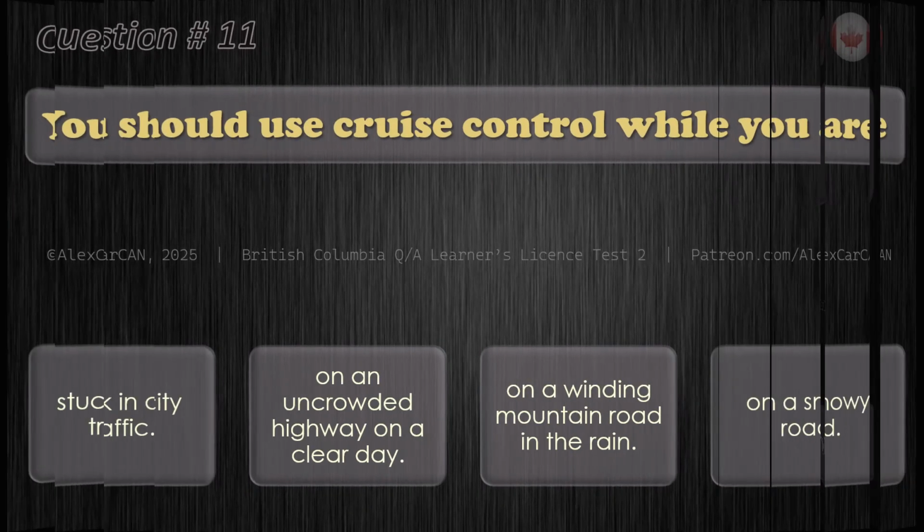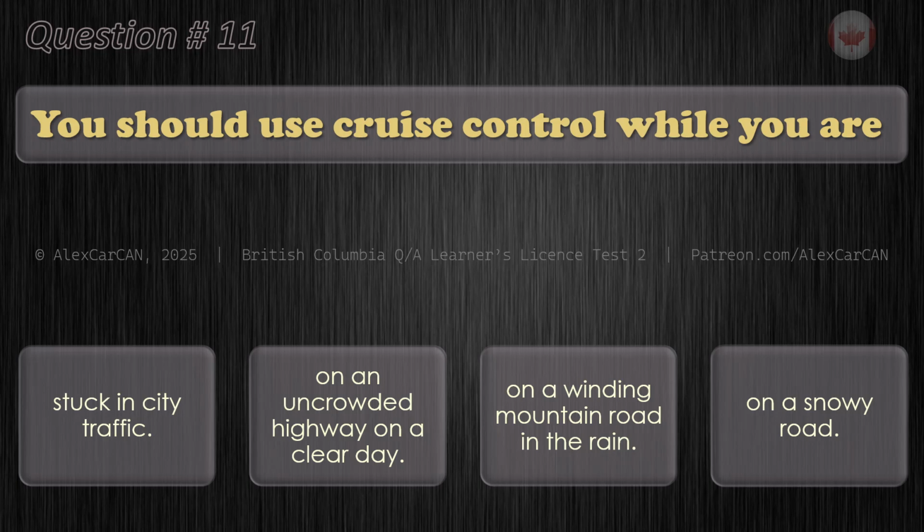Question number 11. You should use cruise control while you are stuck in city traffic, on an uncrowded highway on a clear day, on a winding mountain road in the rain, on a snowy road. The correct answer is on an uncrowded highway on a clear day.